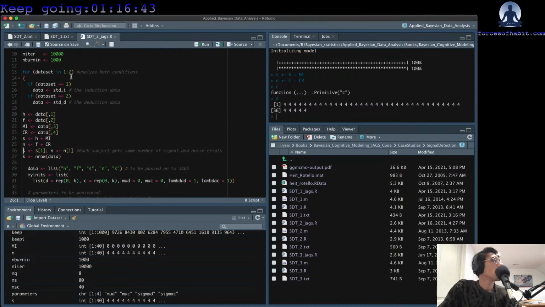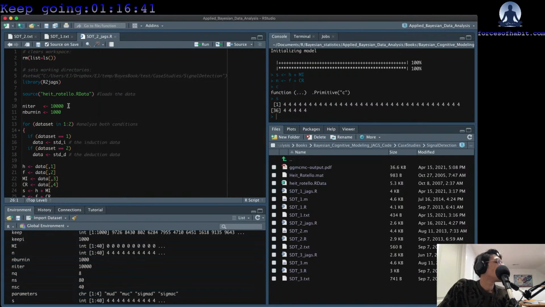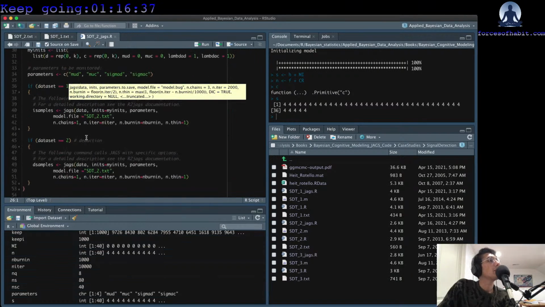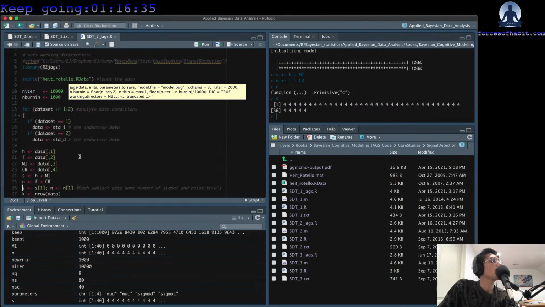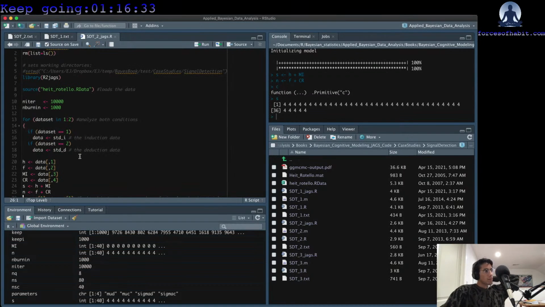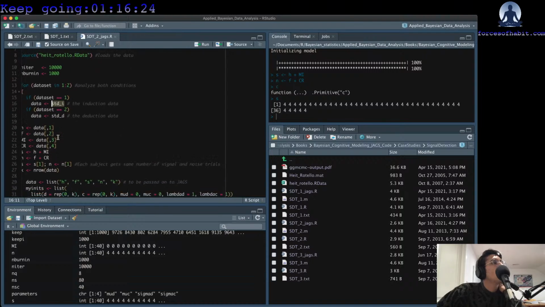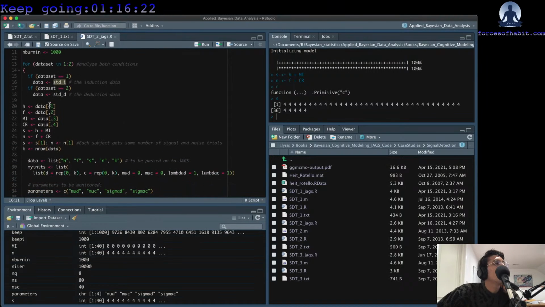Now here, we set the iteration and burn-in rate that are going to be used. And then for each data set, so if data set is 1, we use the induction data set, and then we extract the various parameters.